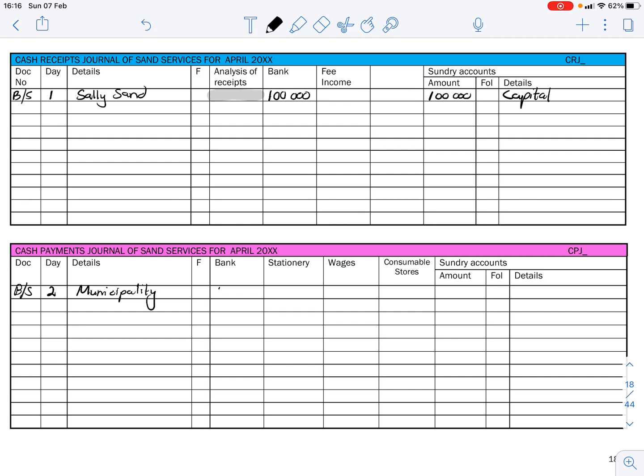Okay, we pay them a total of 1,150 Rand, of which 1,000 Rand is for water and electricity, and 150 Rand is for the trading license.